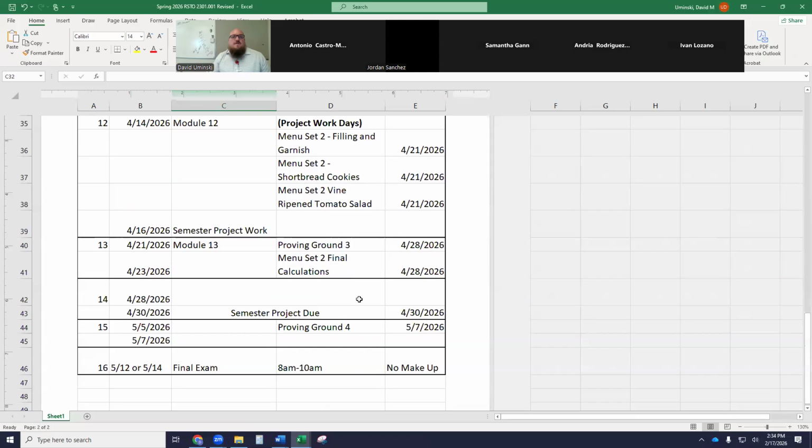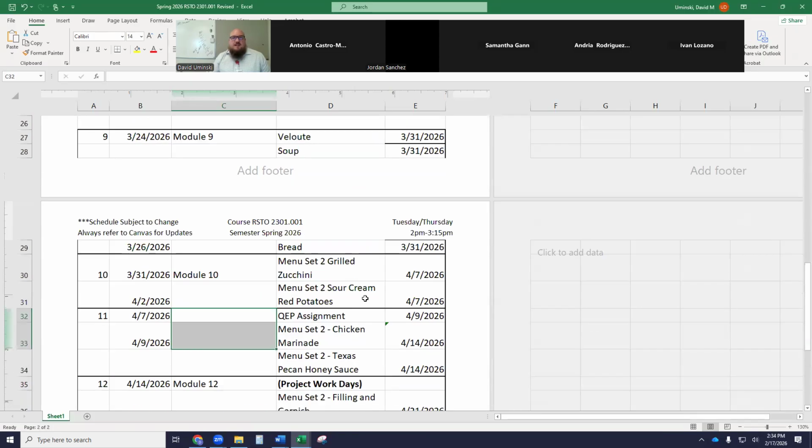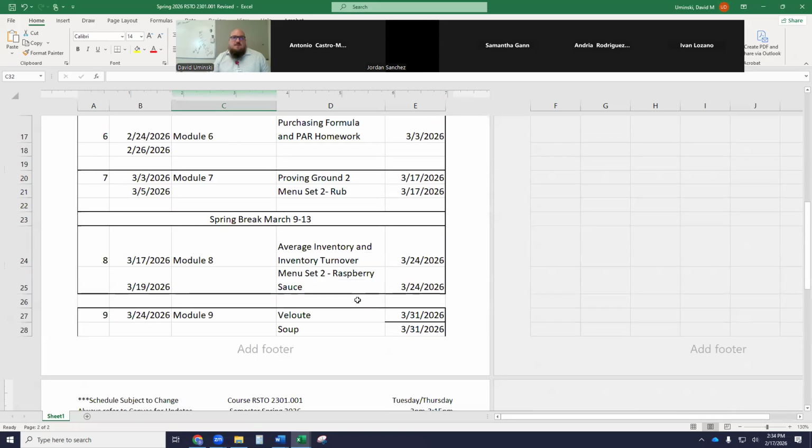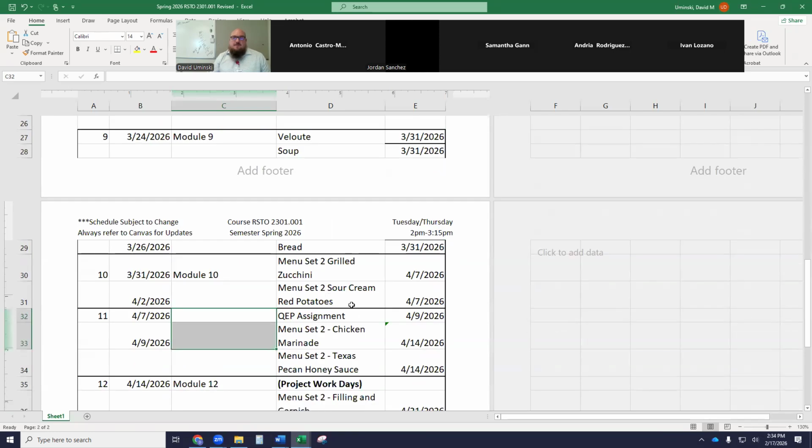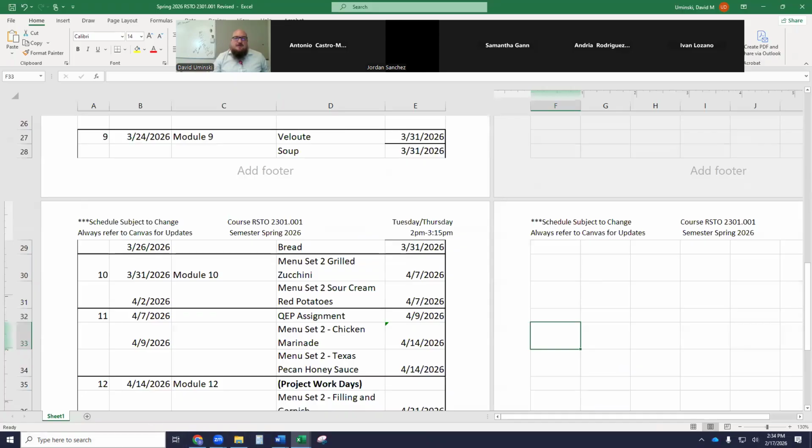All right, more than likely we will finish the textbook right after spring break. Once we finish the textbook, which is chapter 10, the remainder of our classes are going to be devoted to project work days.